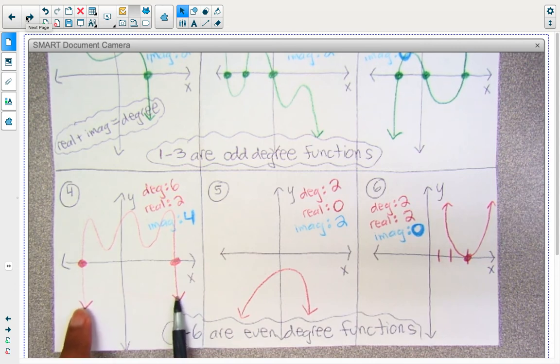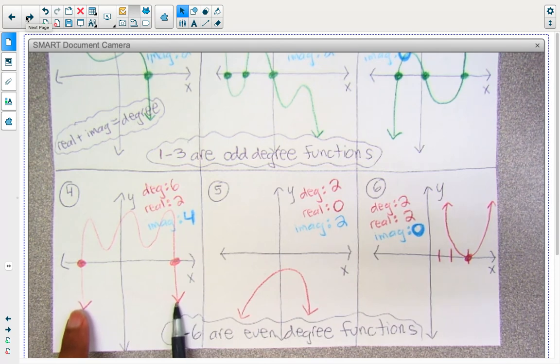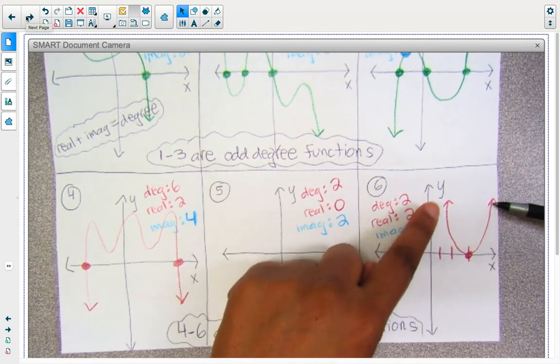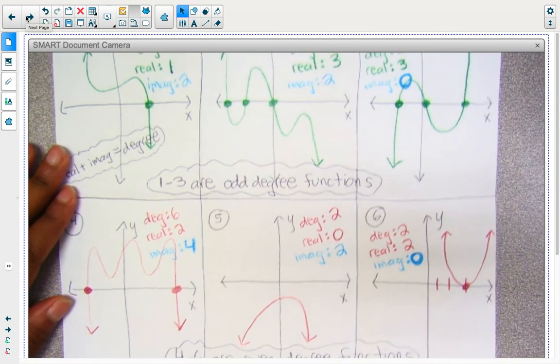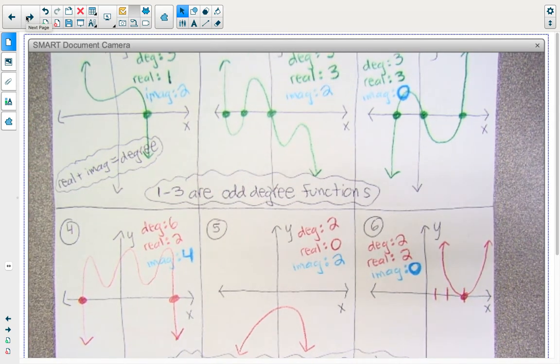Notice number 4, they're both down. My end behavior is down. Number 5, notice my end behavior, they're both going down. And number 6, notice the end behavior is both going up. So for an odd degree function, your end behaviors will be different. For an even degree function, your end behaviors will be the same.